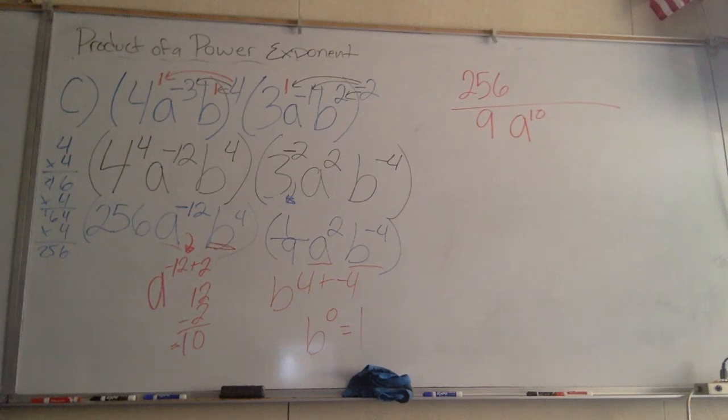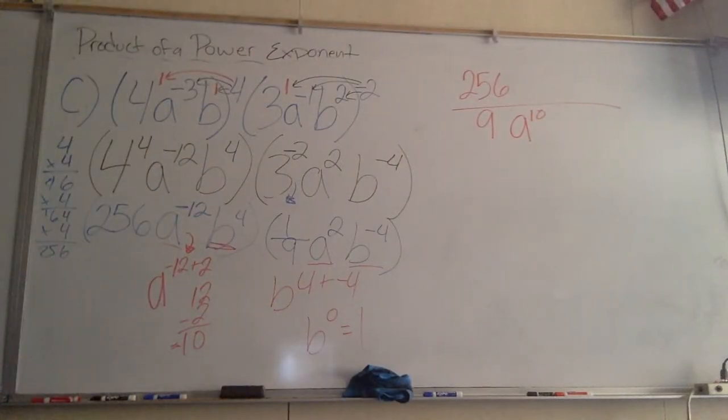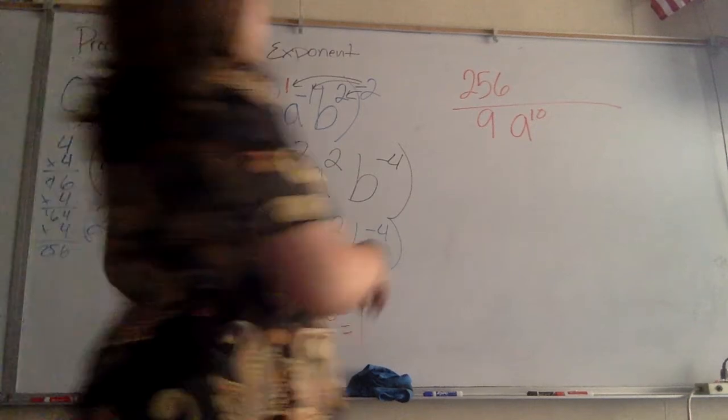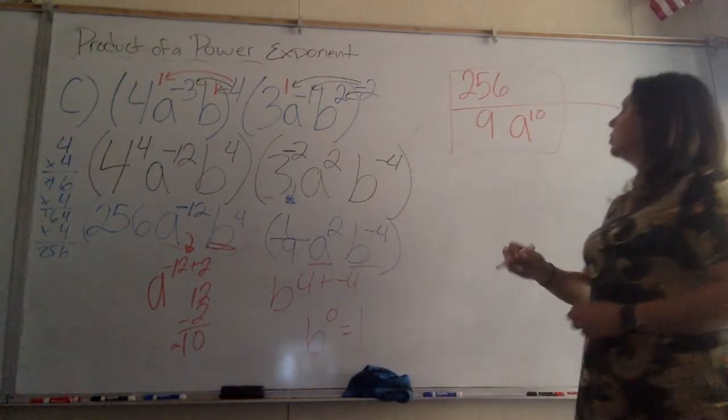Instead of looking at my paper, I decided to go grab a calculator. No, it just stays like that. All right, so then this would be my answer because nothing goes into both.